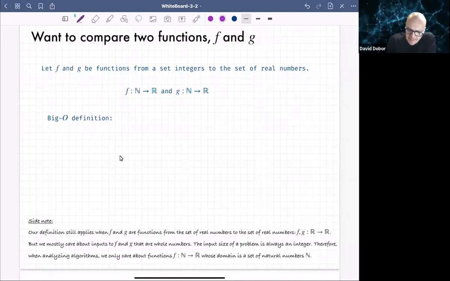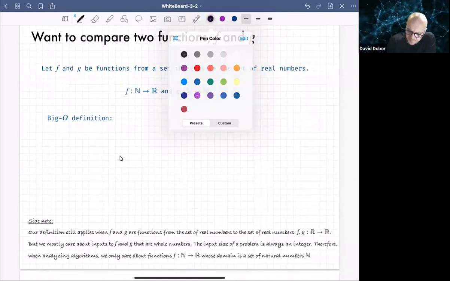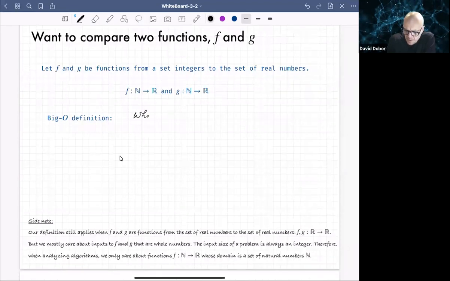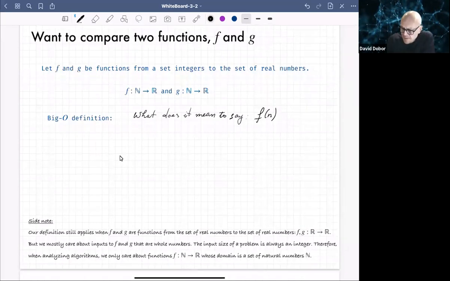What do we mean when we say, what does it mean to say, and what do people mean when they say that f of n, again, remember our non-negative functions, is big O of g of n.